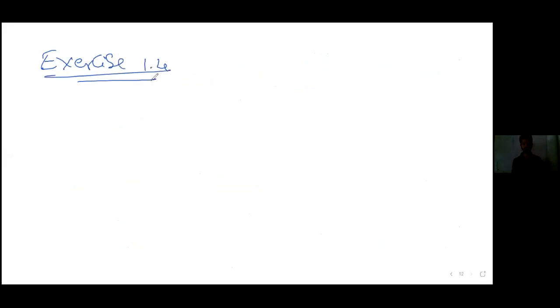Just without dividing, you just have to tell me whether that decimal expansion is terminating or not. So tell me whether the decimal expansion of 13 divided by 3125 is terminating or non-terminating. Tell me quickly.